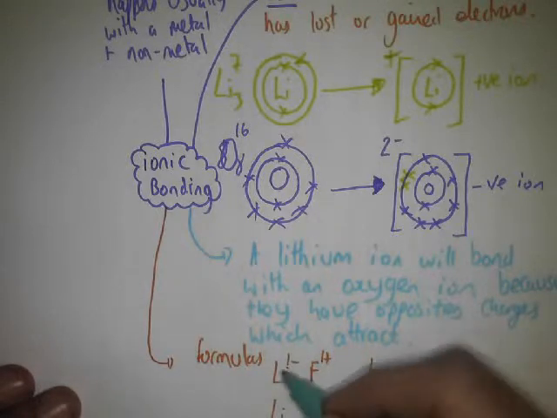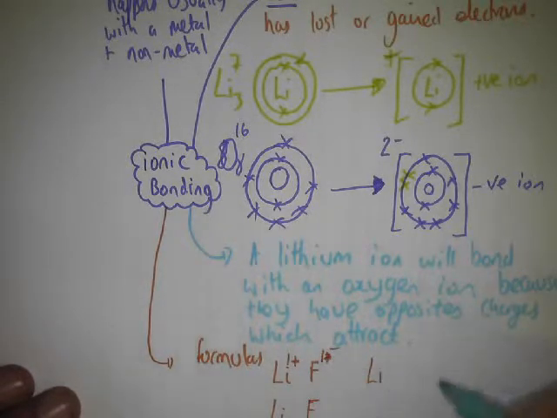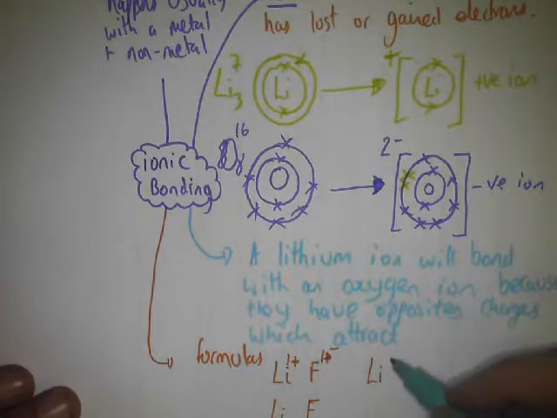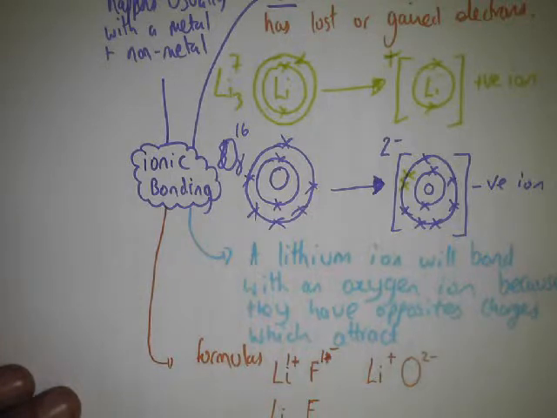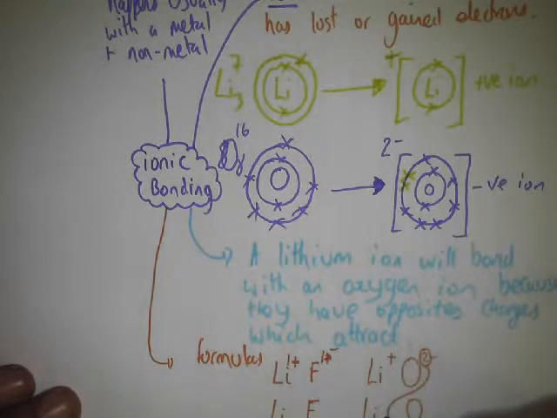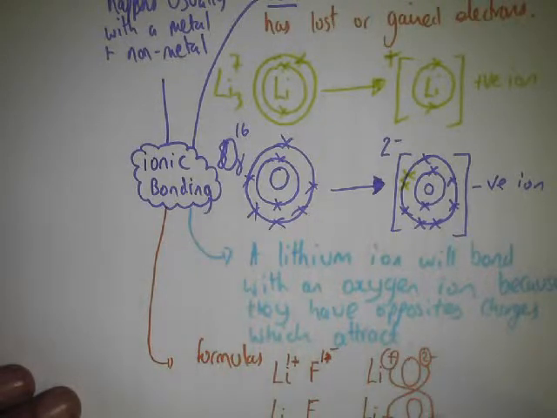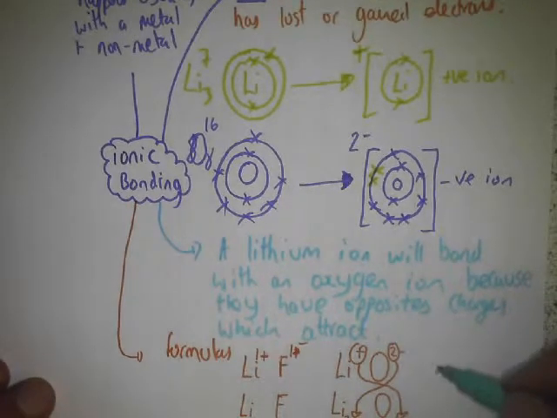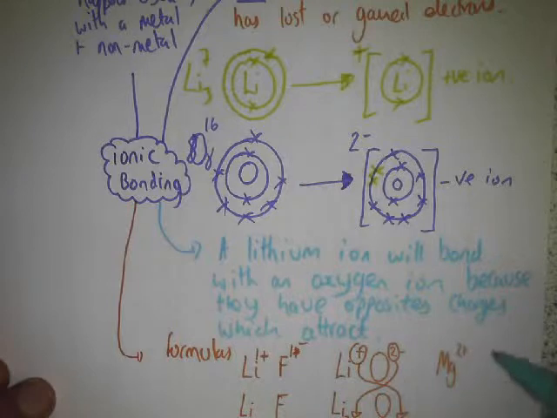Let me see the next one, which might help a little bit more. Lithium plus 1, oxygen 2 minus. Just like the example above, what formula would that create? Well, you write the elements, and you take the numbers and crisscross. But again, I don't need to put 1 there, because I've already got 1. Next one. Magnesium 2 plus, oxygen 2 minus.